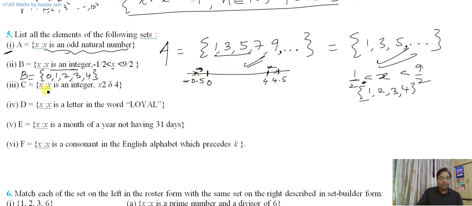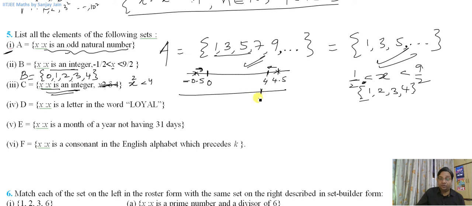Okay. x is an integer such that x, I think it is x squared less than 4. Okay, now x squared less than 4, and it is an integer. So if you look at these, the square of x should be less than 4.